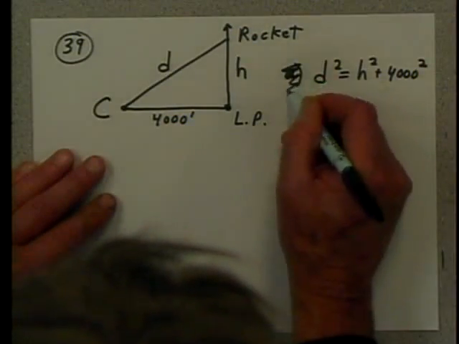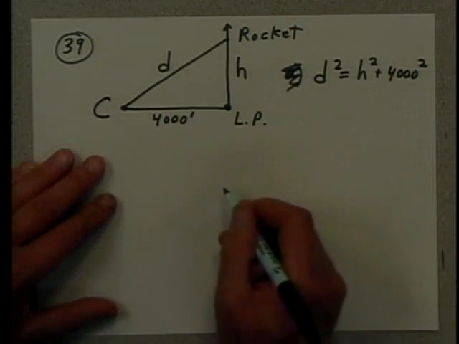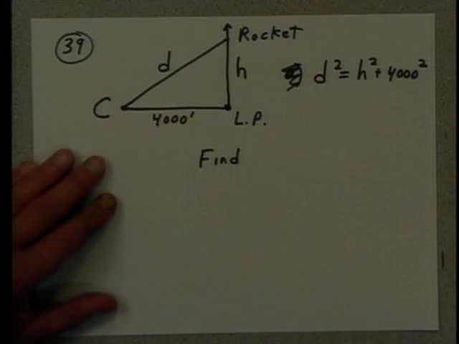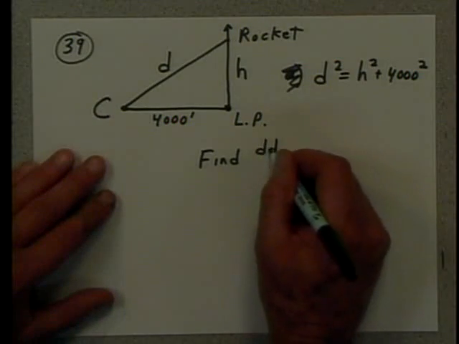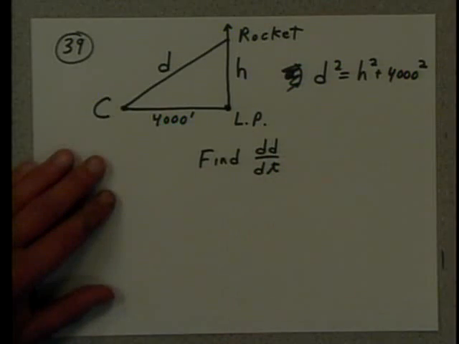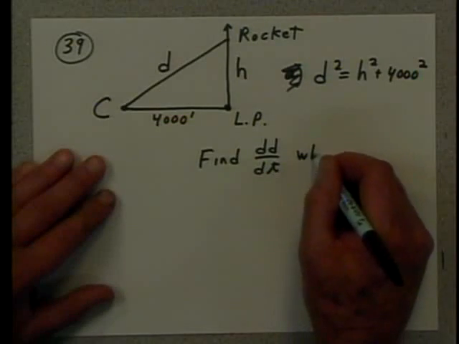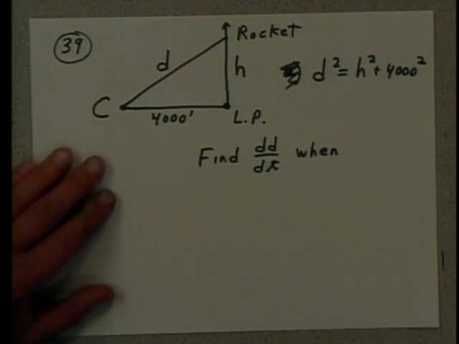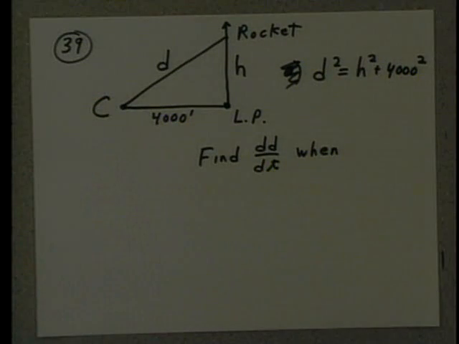Okay. Now I want to write exactly what I'm looking for. What are they asking me to find in symbolic language? The derivative of D, so I want to find dD/dt, right? That would be symbolic language for the rate at which D is changing. And when do I want to do it? That's the part I don't really know.